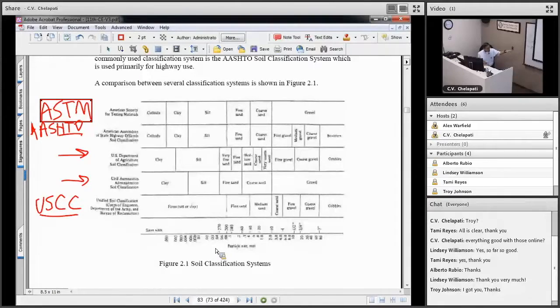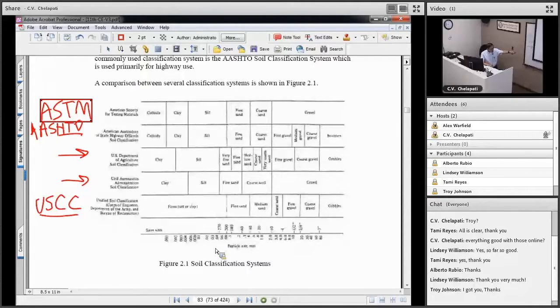Now you can see here, down at the bottom, it shows particle size in millimeters, and it goes from on the left-hand side, very small particle sizes, to on the right-hand side, very large particle sizes. So basically for soil, we're dealing with the smallest ones here.